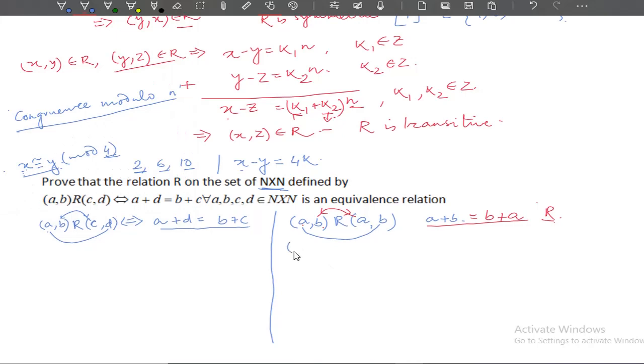Now let (a,b) be related to (c,d). Sum of the extremes a plus d equals sum of the means b plus c. Can I write this as b plus c equals a plus d?